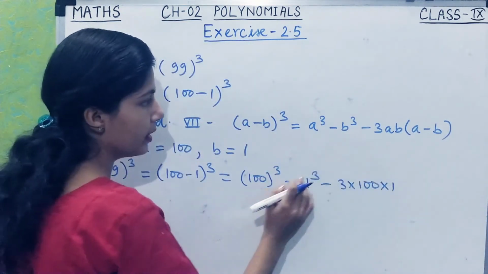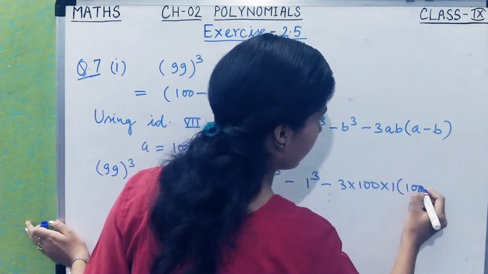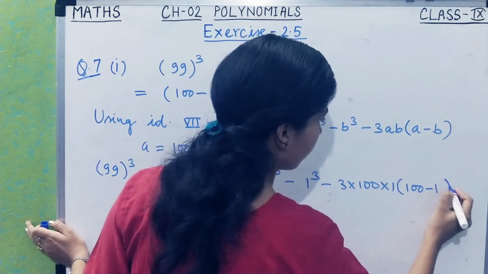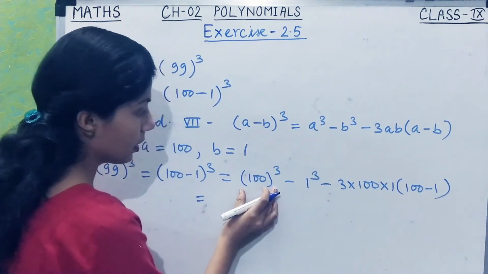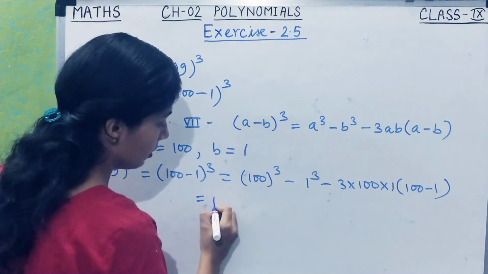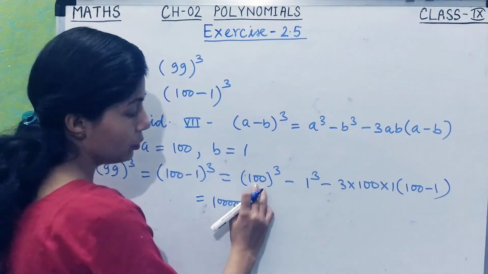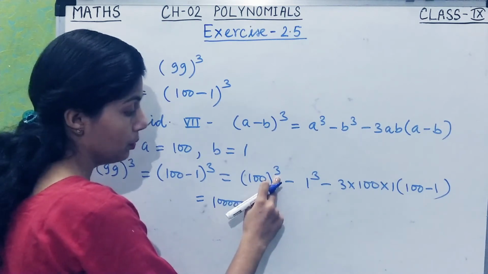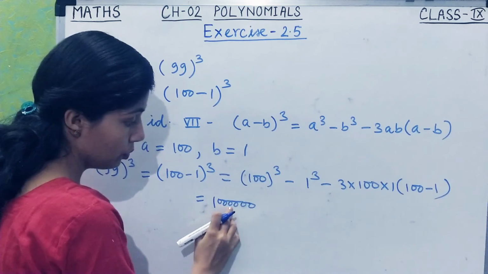What is the value of a? 100, and the value of b is 1. So we are putting the same, and (100 minus 1). Now solve it. Cube of 100 means there are 2 zeros and cube, so you have to write these 2 zeros 3 times: 2, 2, 2.